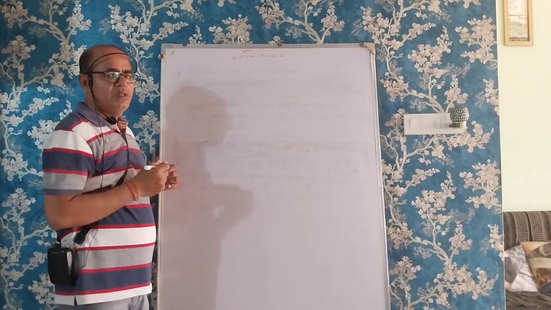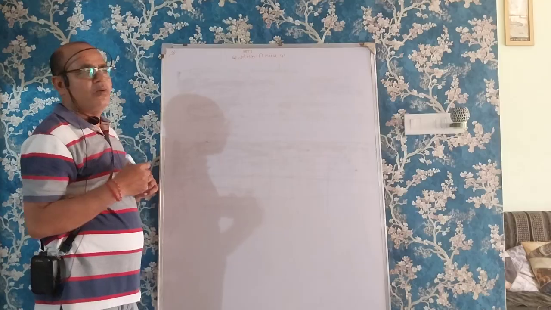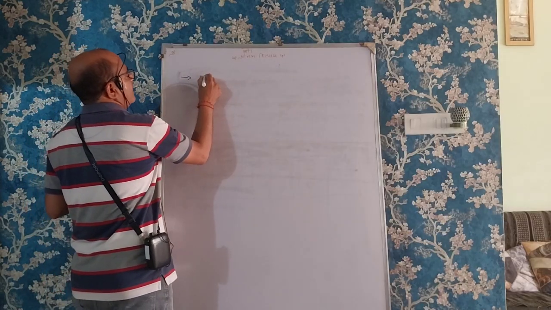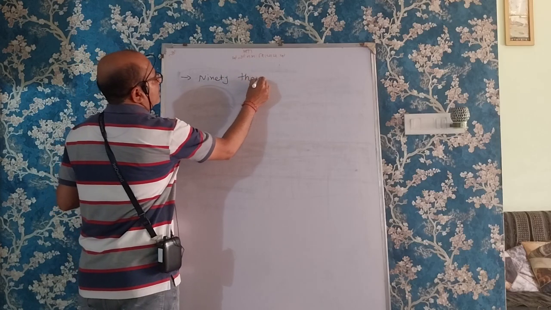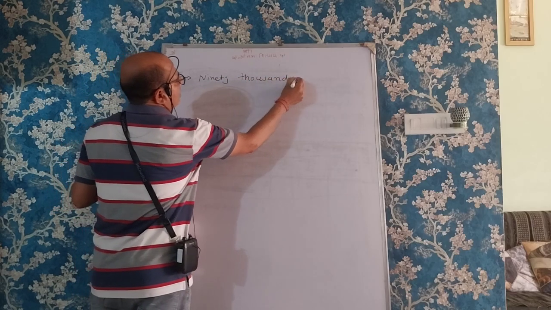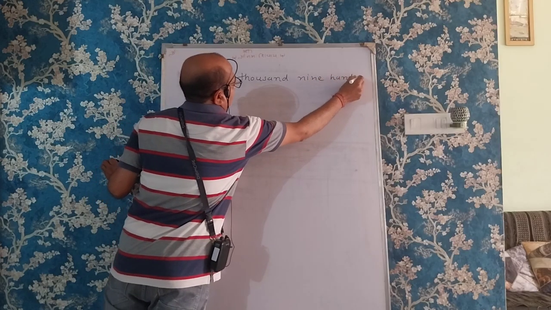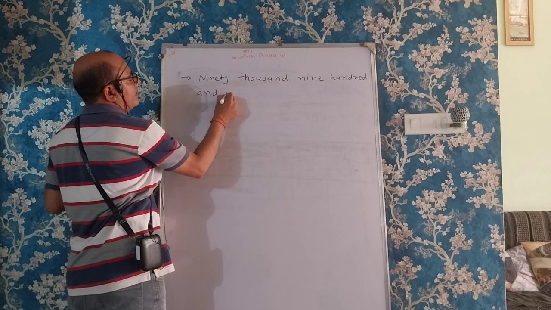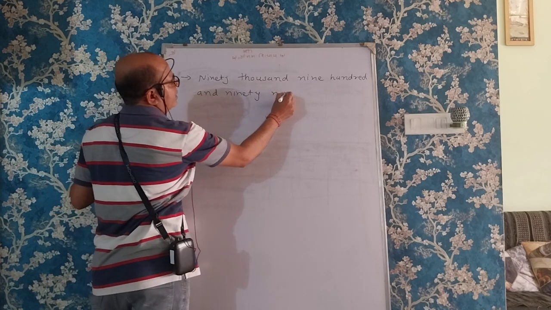Now another method to write in figures or digits. Suppose the question is like this: 90,000 and 900 and 99.